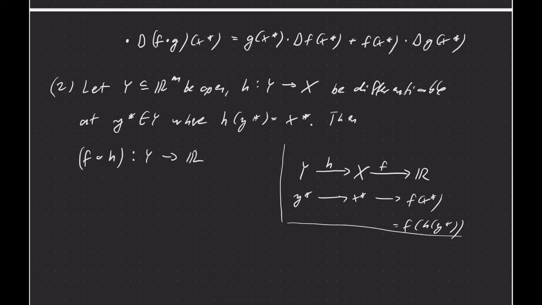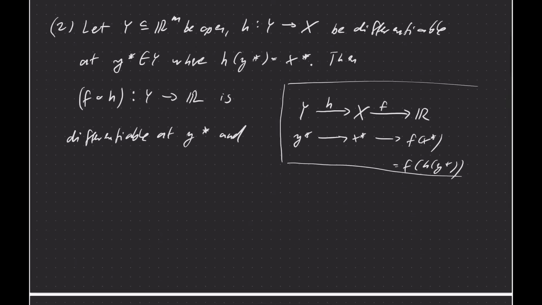Okay, and then the conclusion of that theorem is, so that function f after h is differentiable at that point y star at least. And well, the differential, what does hold for the differential? The differential of that function f after h at y star. That's chain rule. It basically works the same as in one dimension.